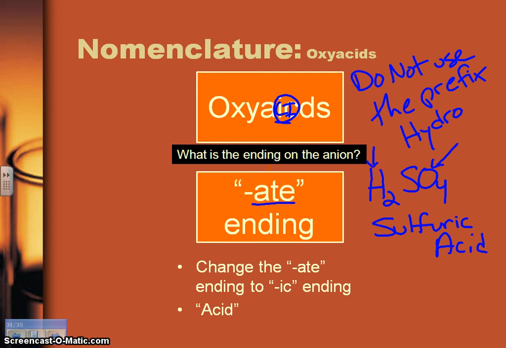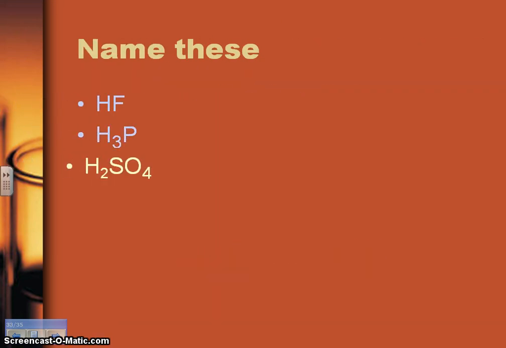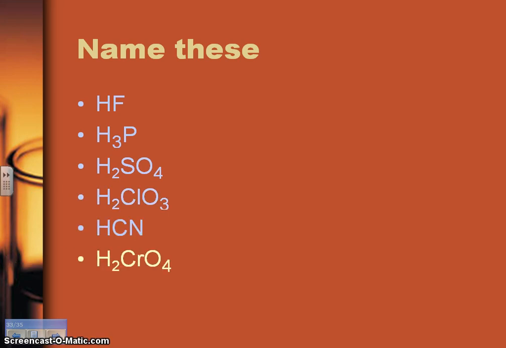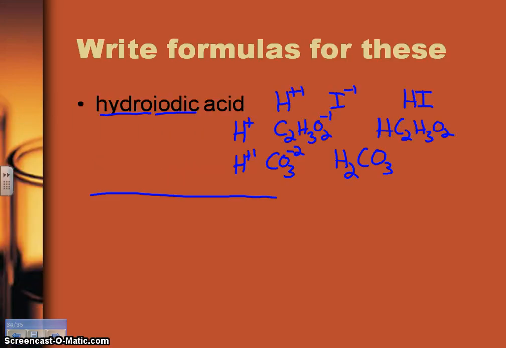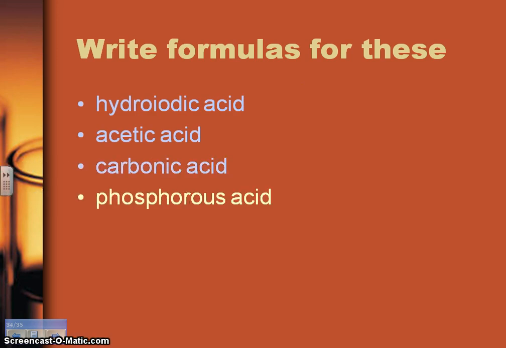You should also have in your notes an example from each of the practice problems that we went over for naming as well as writing formulas for. And I will look for the completion of the acid hydrobromic in your notes as well.